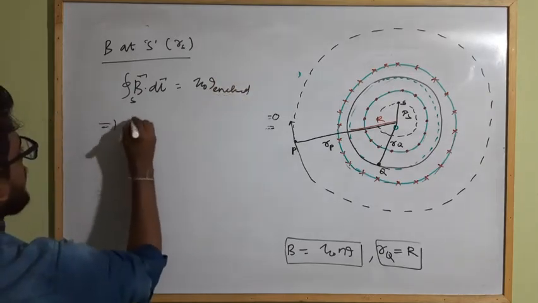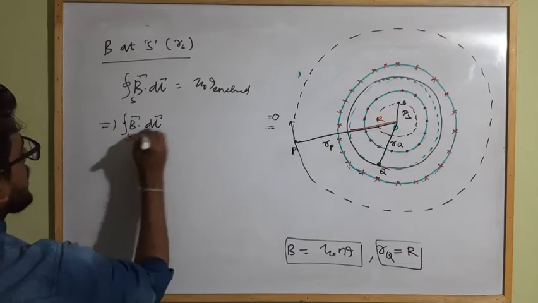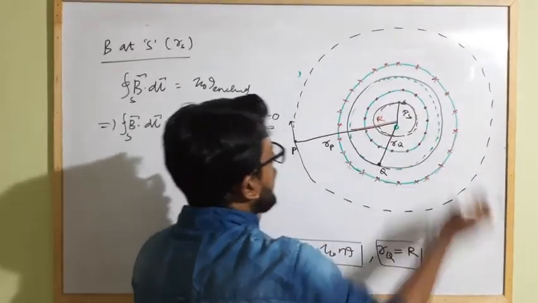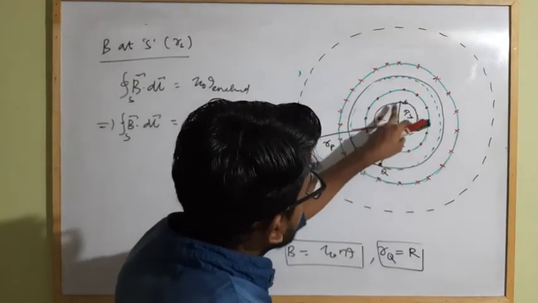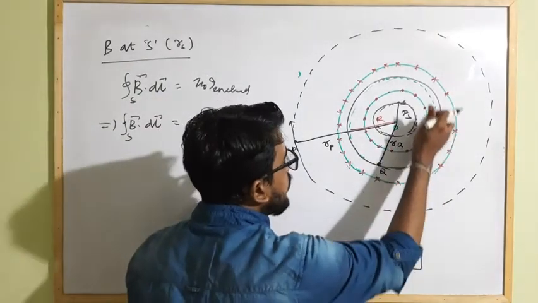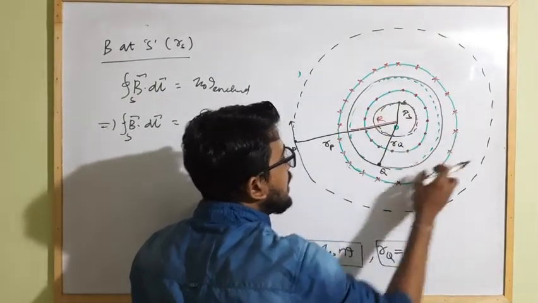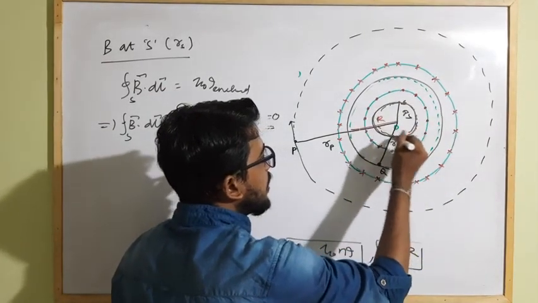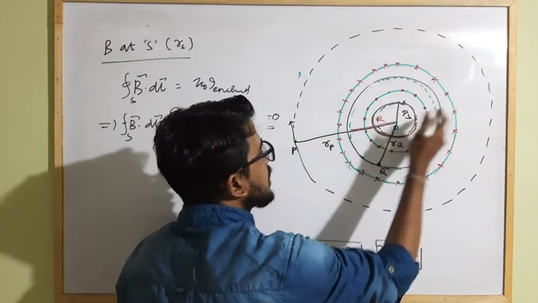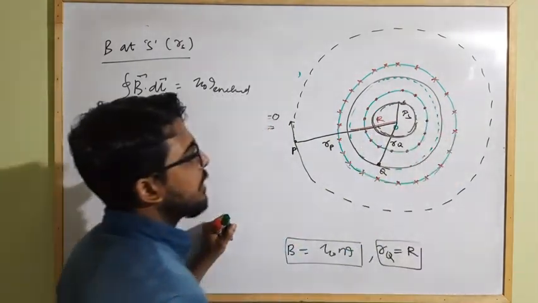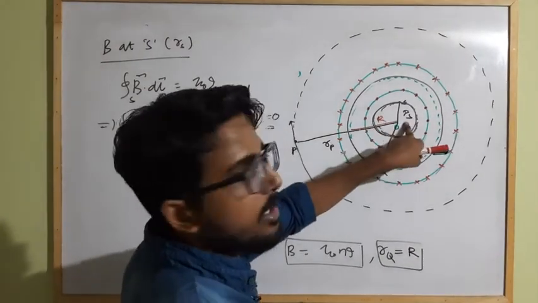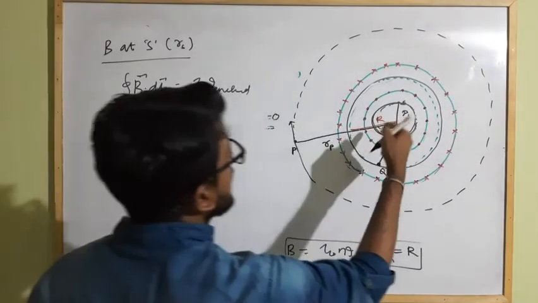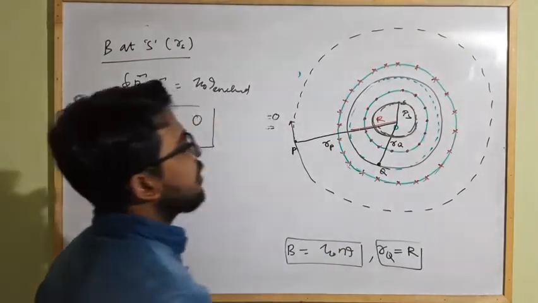So what is I enclosed? As this is the Amperian loop within the toroid, the total current enclosed by this Amperian loop will be 0, because the currents, those coming out and going into the plane, are beyond this Amperian loop. This Amperian loop encloses 0 current, as these currents are out of the Amperian loop and these are also out of the Amperian loop. So the current enclosed by this Amperian loop is 0. That's why mu naught I enclosed will be 0. So the magnetic field strength inside the toroid will be 0.